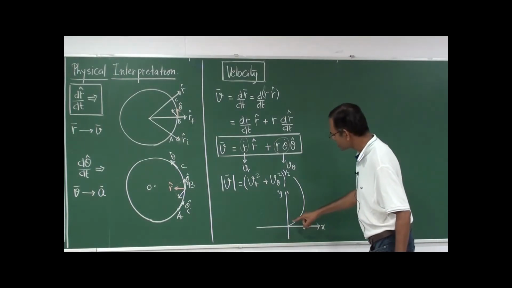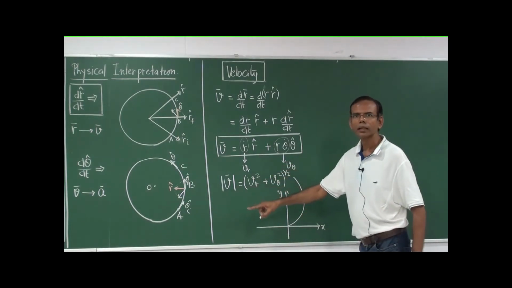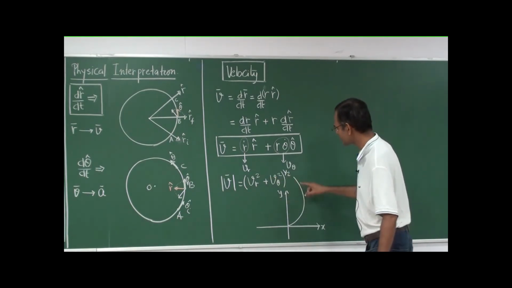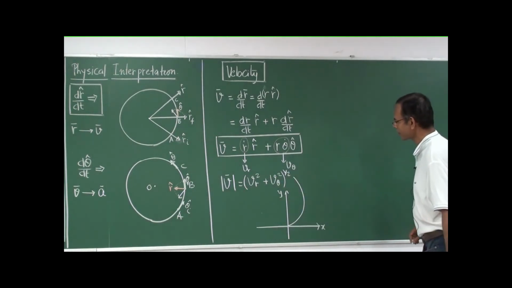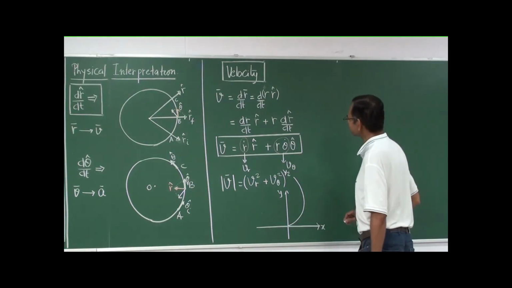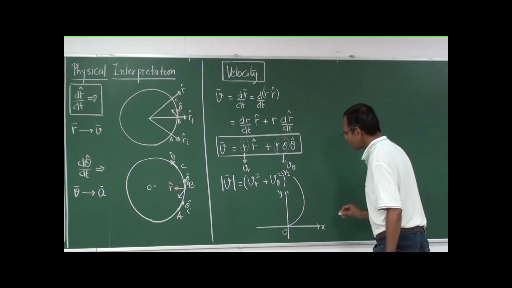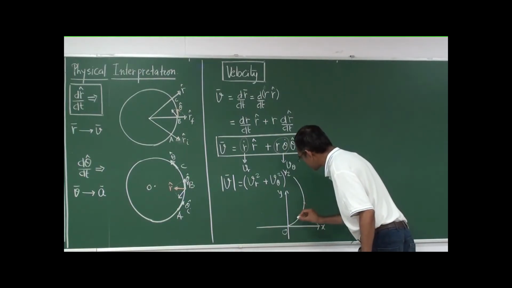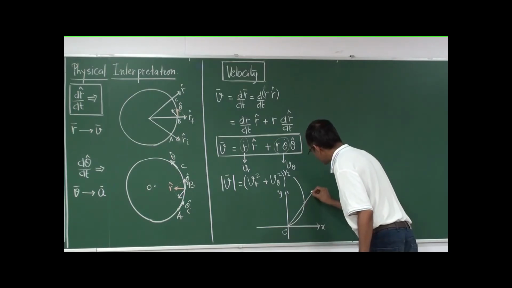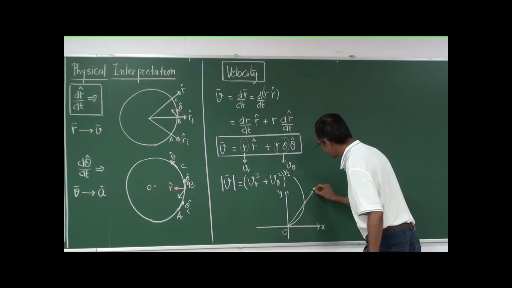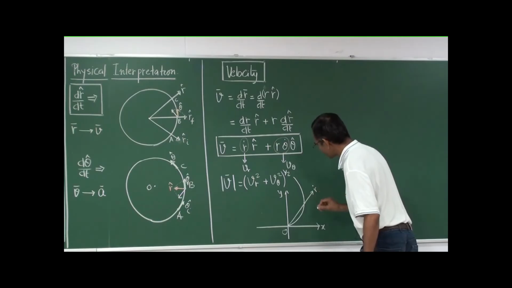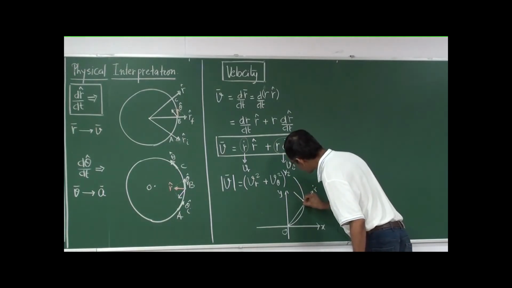Here, as you see, the body is moving in a curve, not in a circle. This is a general case I have taken. This is your O. At any point, say P, you extend this line. This is your r cap vector, as you know, and perpendicular to this is your theta cap vector.